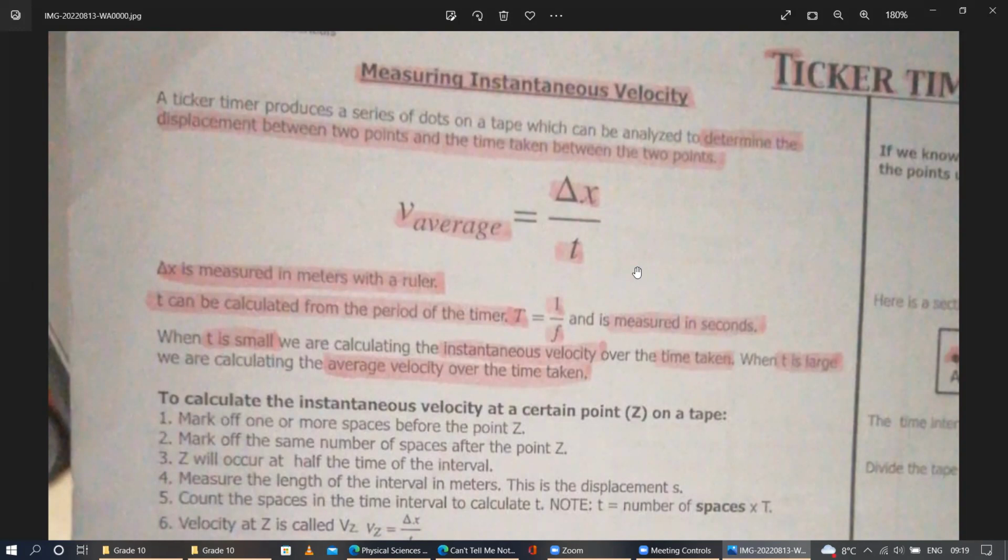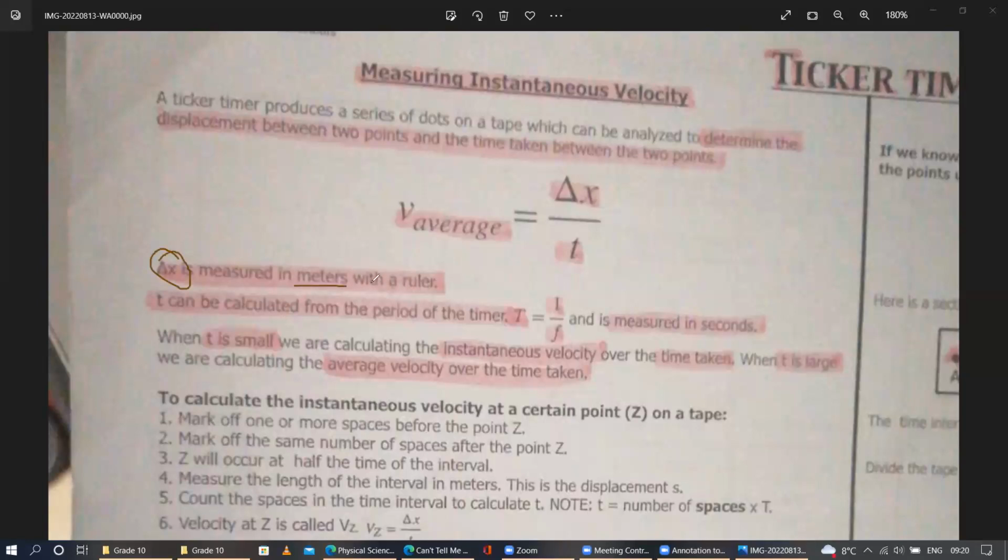So you know that velocity is the change in distance divided by time, right? You're aware of that. Yeah. So we know that the displacement is measured in meters.